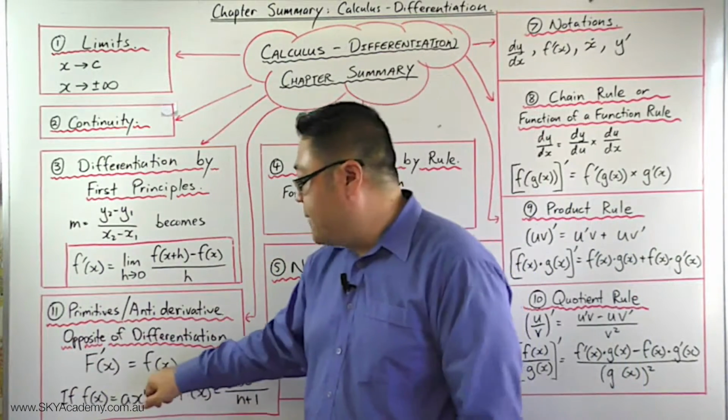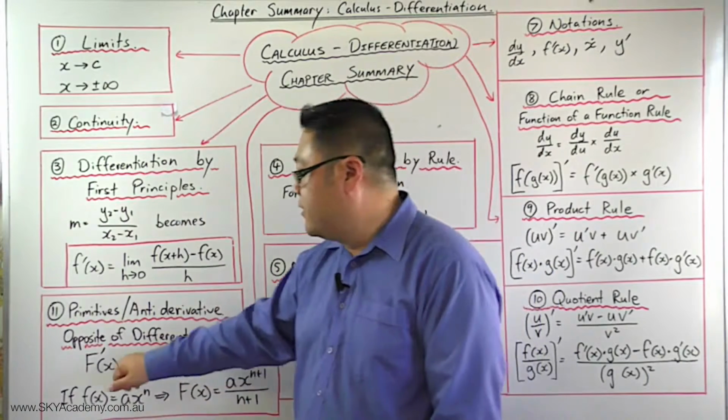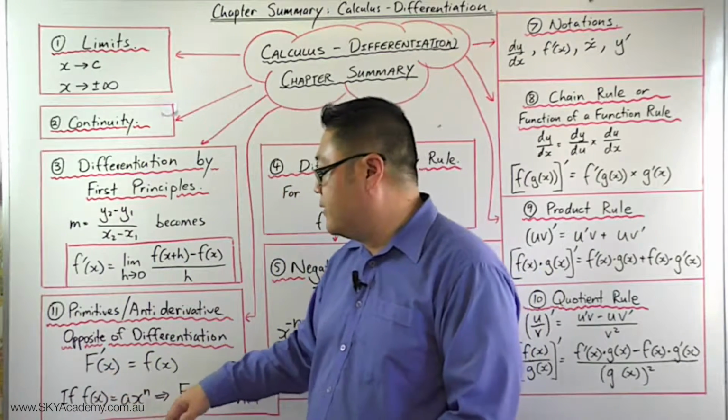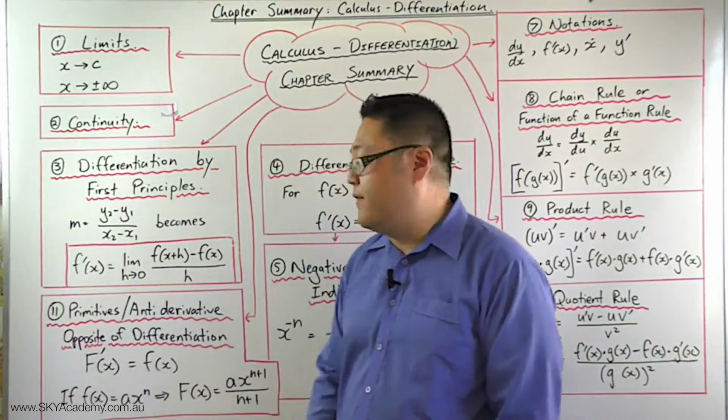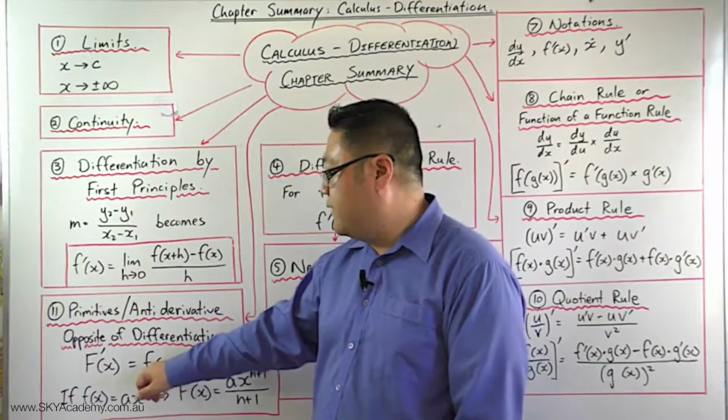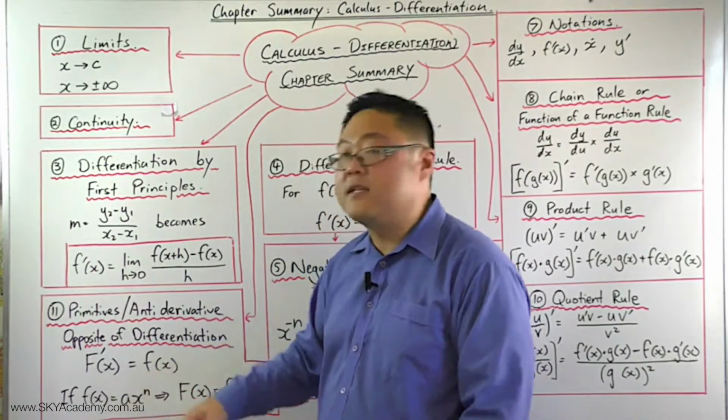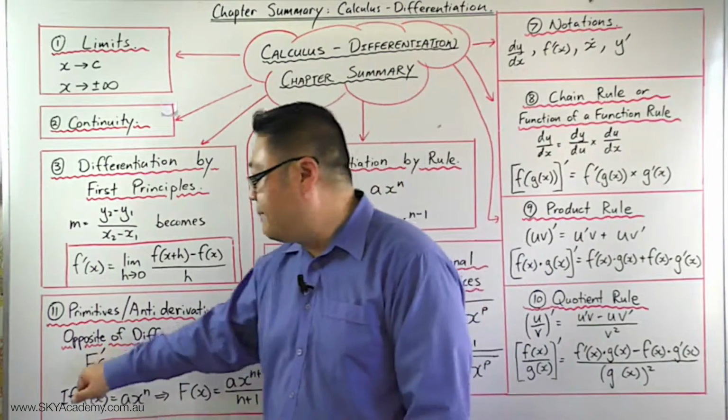And we express the primitive, sorry, not the derivative, as capital F of x. So if you've got the function being f of x, the primitive will be capital F of x.